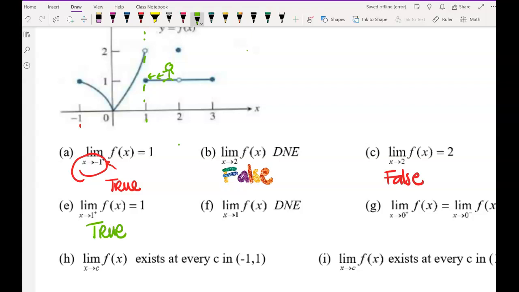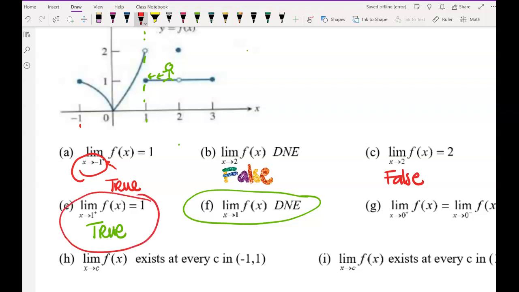True or false, the limit as x approaches 1 of f of x is not going to exist. That means the right and left must be exactly the same. Well, we already have the right side being 1. Let's test out to see what the left-hand limit is. The limit as x approaches 1 from the left, if it's 1, then it will exist. But if it's anything but 1, then it doesn't exist. So left-hand limit, meaning that you're standing on the left.